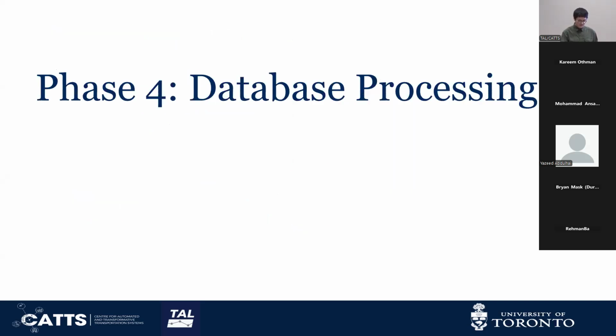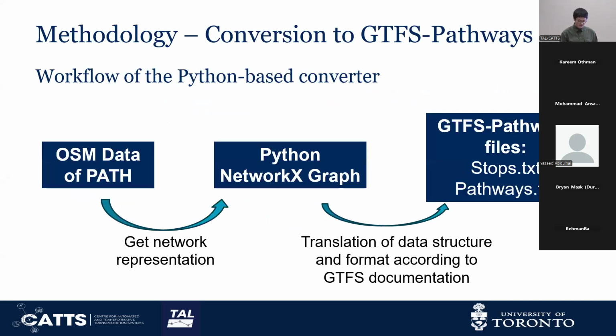And now we go to the final phase, which is converting the OSM data into GTFS pathways. For this task, we've developed a Python-based converter. The idea is that you take the OSM data and convert it to a NetworkX graph. NetworkX is a Python package that gives you the network representation of the PATH in a nodes and edges format.